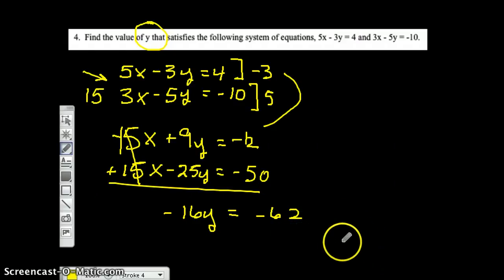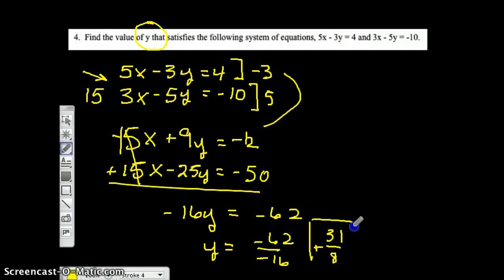Of course we want to solve for y, so y is equal to negative 62 over negative 16. If I divide the top by 2, I get 31. If I divide the bottom by 2, I get 8. And remember, negative over negative is a positive. So that would be the y value there.